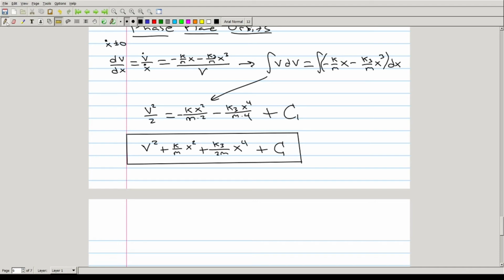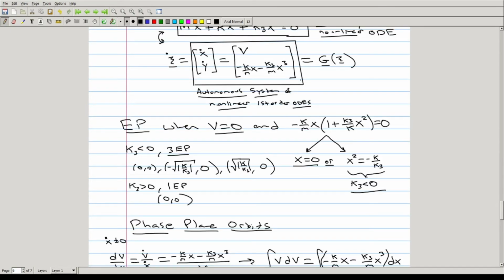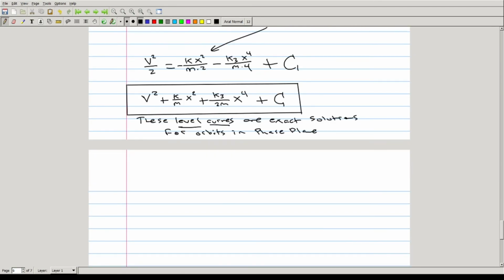These are level curves, and so these level curves are exact solutions for orbits in the phase plane for this autonomous system of nonlinear first order ODEs.